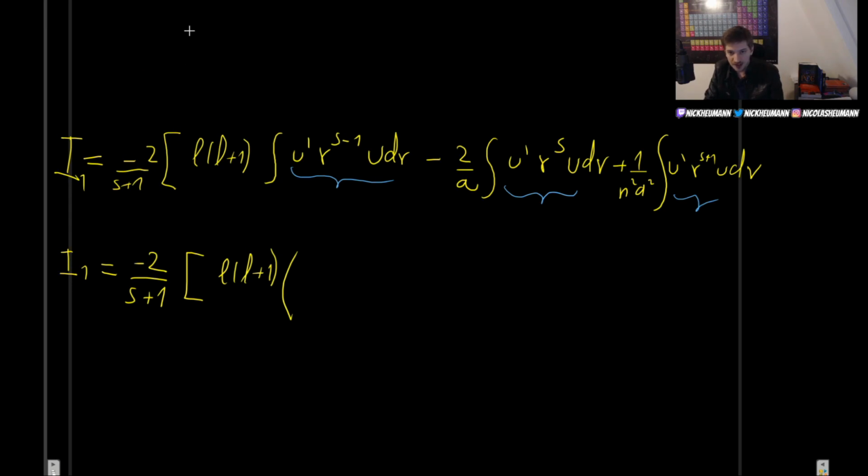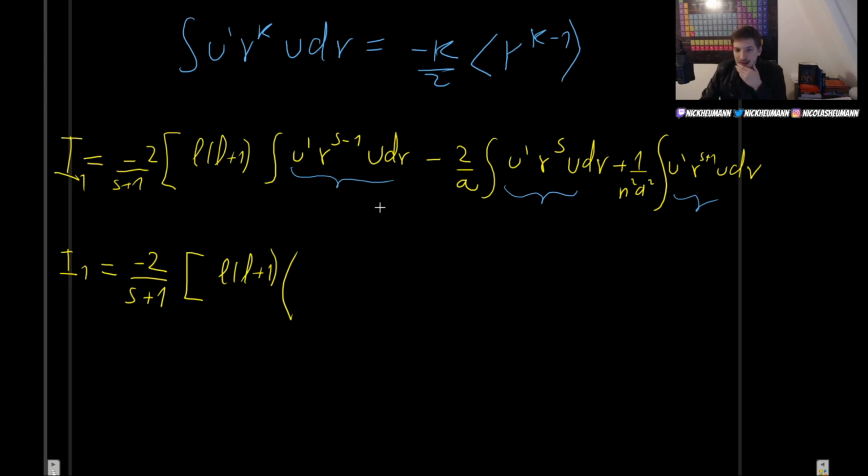So the formula was that the integral of u prime r to the k u dr, this is minus k over 2 expectation value of r to the k minus 1. Okay, so if k is s minus 1, then this formula tells us that this right here is minus s minus 1 divided by 2 times the expectation value of r to the s minus 2.